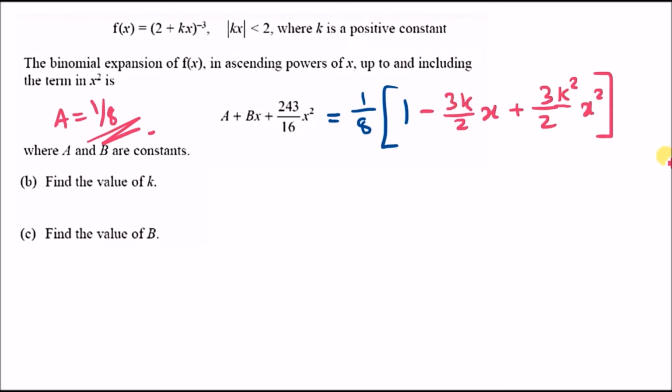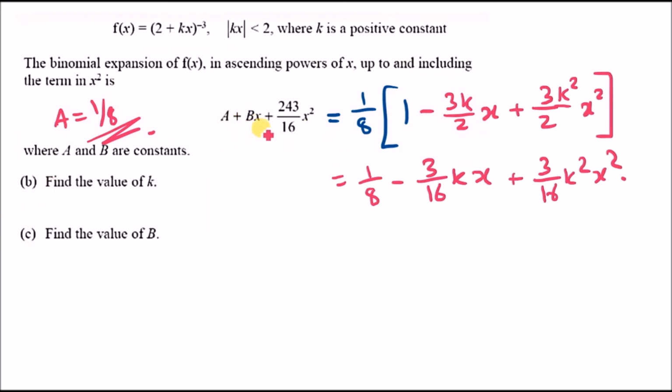So now let's have a go. Expanding the right side, what do we get? 1/8 times 1 is an eighth. 1/8 times minus 3k over 2 should give us minus 3 over 16 kx. And then plus 1/8 times 3 over 2 k squared again, so plus 3 over 16 k squared x squared. The key idea is just to match coefficients. We know a is 1/8, so that's fine.